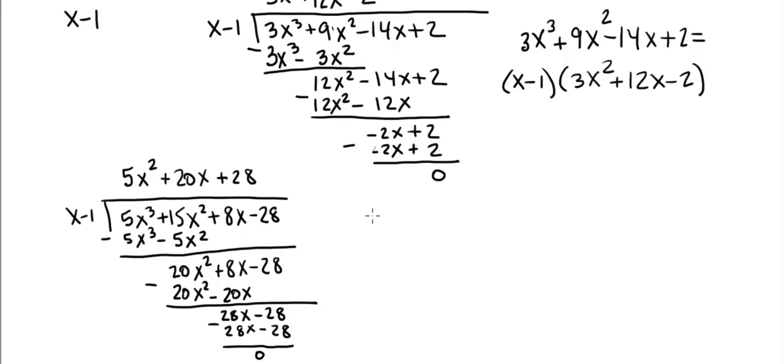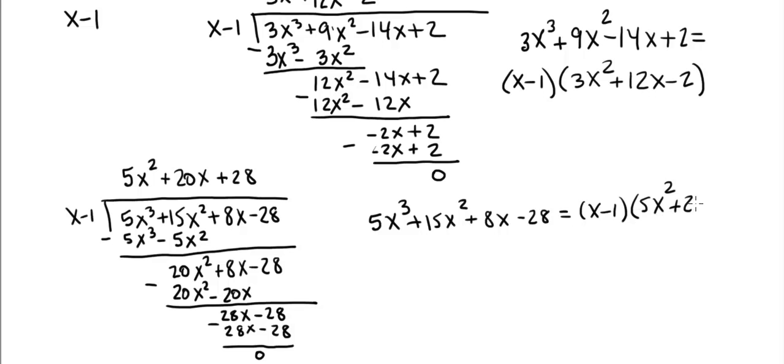Therefore, the polynomial 5x cubed plus 15x squared plus 8x minus 28 can be written as x minus 1 times 5x squared plus 20x plus 28. So let's revisit our limit.